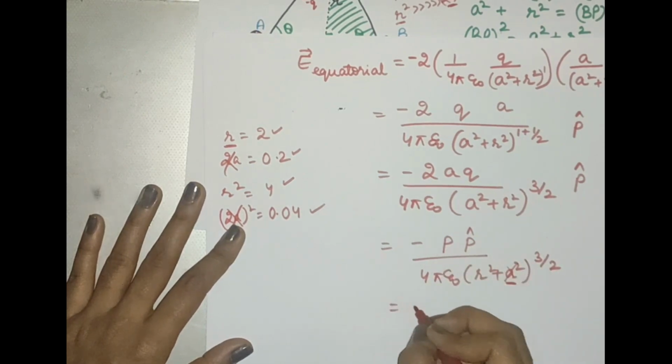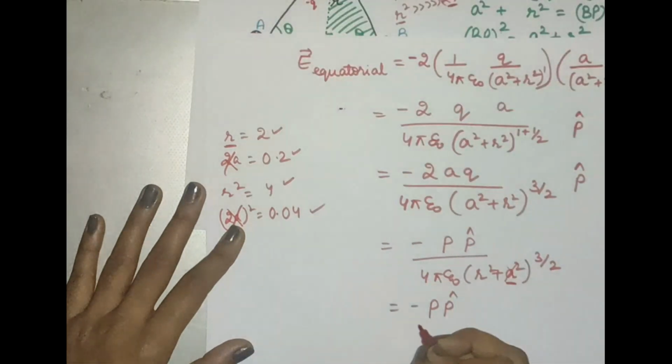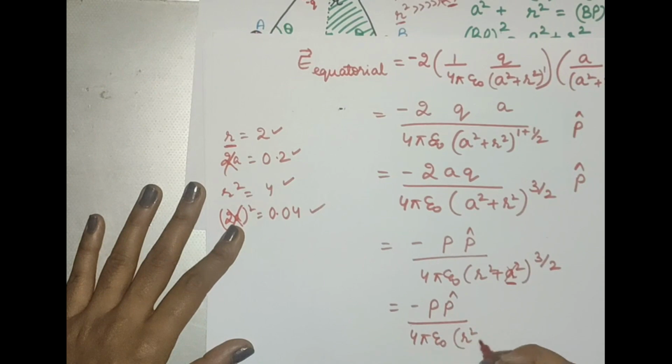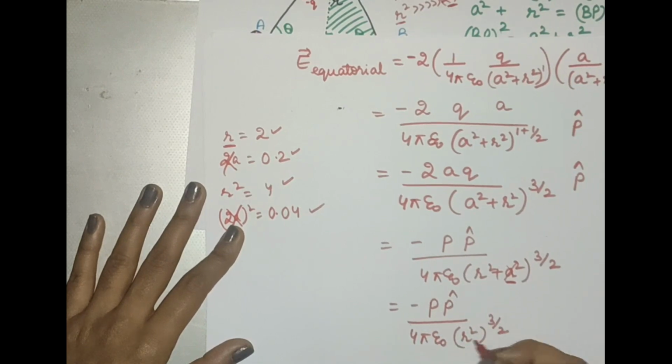So I am left with minus p cap over 4 pi epsilon naught r square whole to the power 3 by 2.